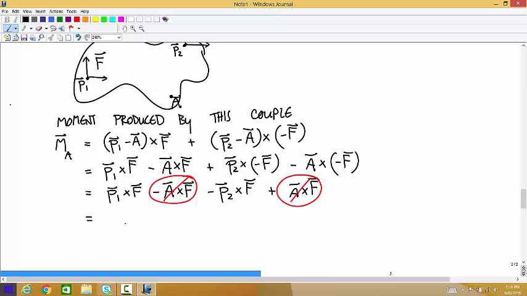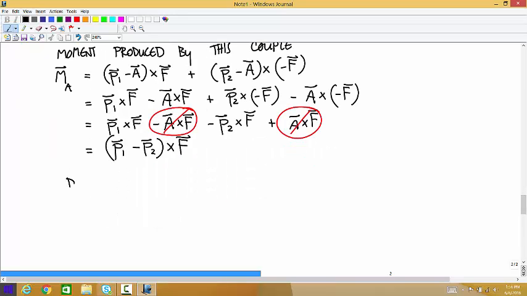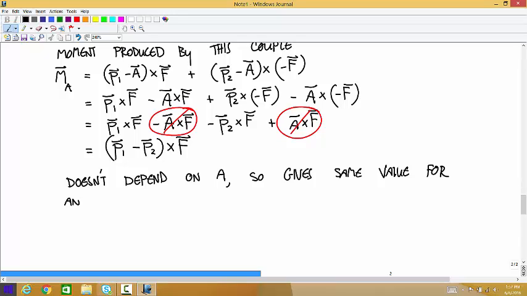You end up with this moment being equal to P1 minus P2 quantity crossed with F. It doesn't depend on A, so this gives the same value no matter what you choose as your about point. Because of that, you can think of this as just a pure moment.